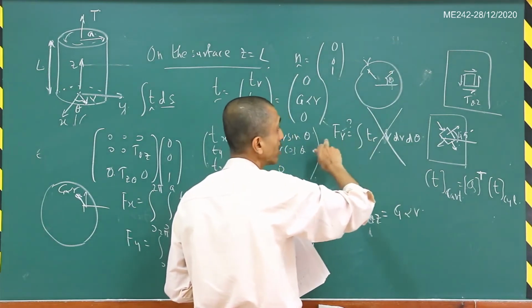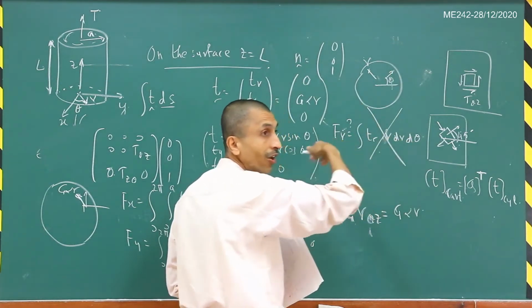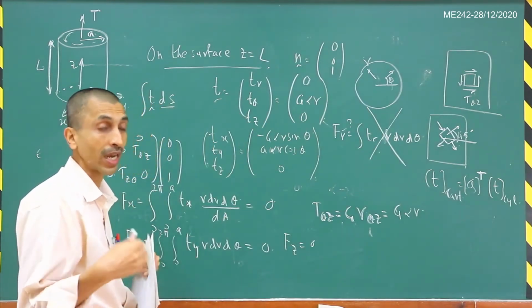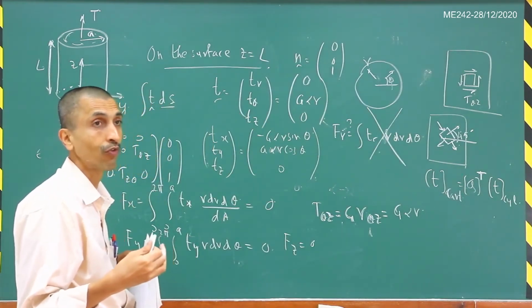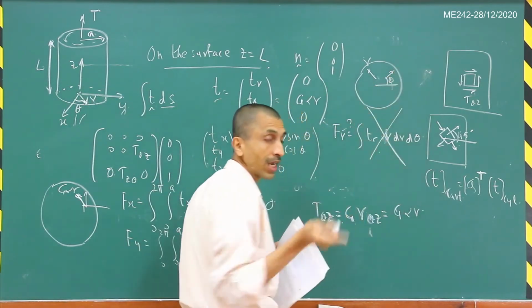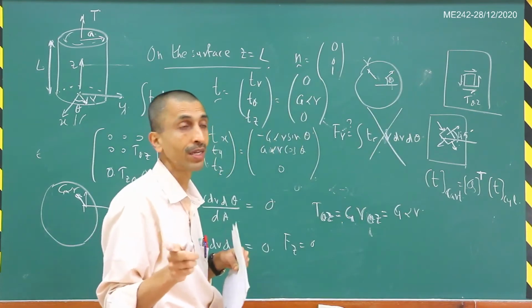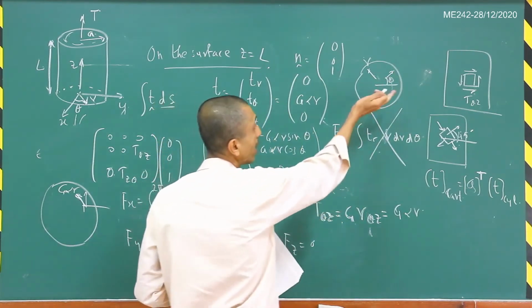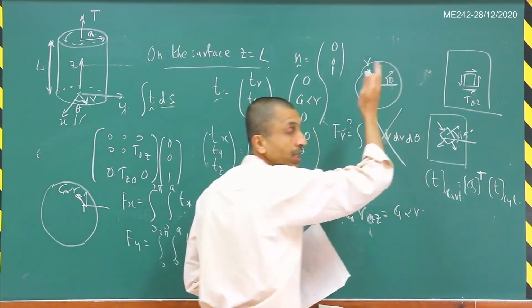So this is not a correct way of finding the force along the radial direction. The correct way, if I wanted to find the force along the radial direction, would be to first find F_x and F_y and then resolve them to find out what is the force along the radial direction.